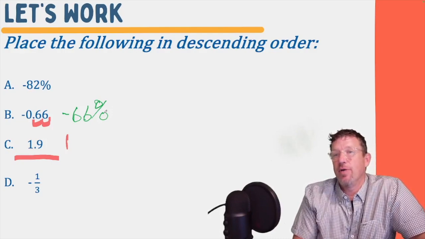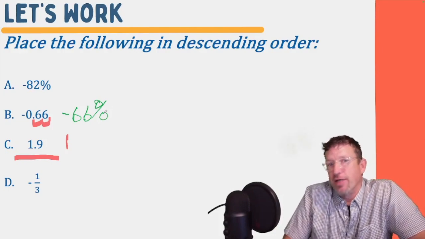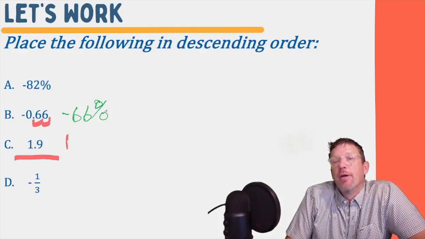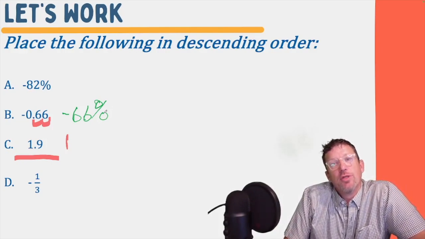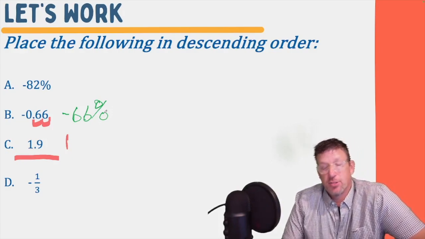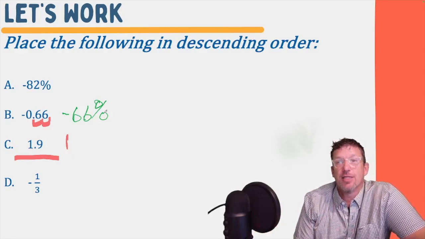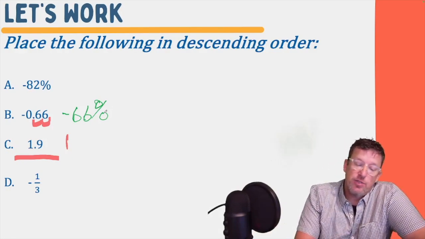Now we have to set it to 100. This is one of those benchmark fractions that you need to know because 3 doesn't go into 100 evenly. But 1/3 and 2/3 are ones you need to know and just memorize. It's pretty simple. 1/3 is 33%. It's 33.33333%. Okay, 2/3, you double that, 66.66666%. So this one is negative 33%.